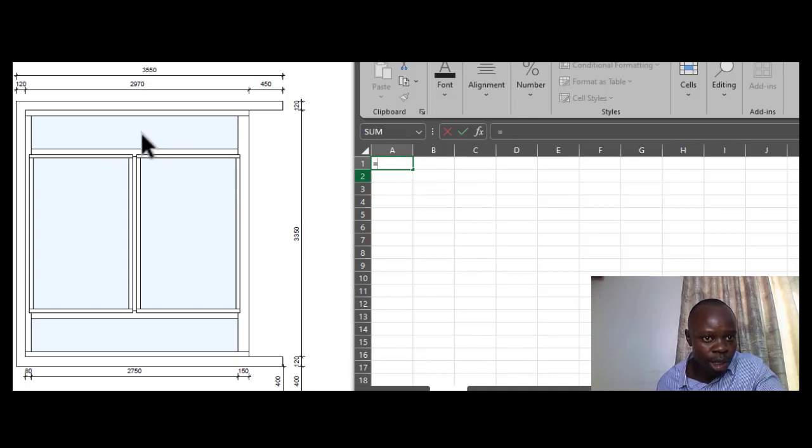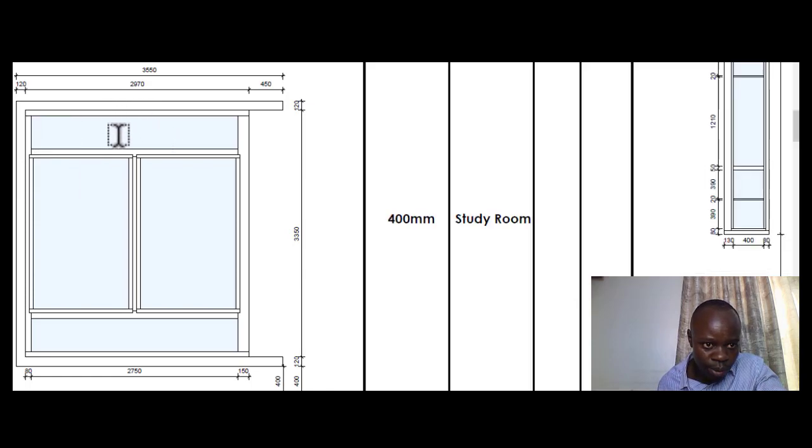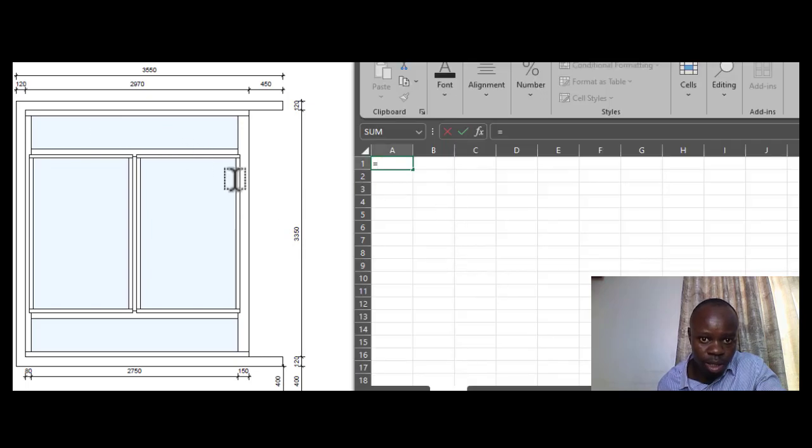But then look at these. So you have the glazing. I will talk about that top area, the top pane. I'd like to do the top pane so that you see that.